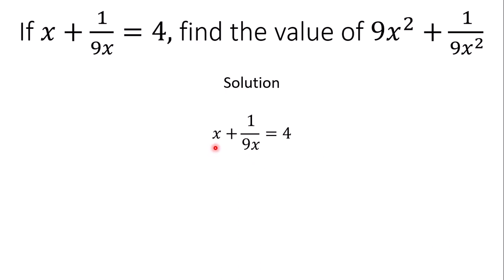We want to find the value of x, and we can do so by eliminating the fraction first, so that the equation will be linear. To eliminate the fraction, we multiply through by the LCM in this equation. The LCM is 9x. So you multiply this one by 9x, this one also by 9x, and this one also by 9x.